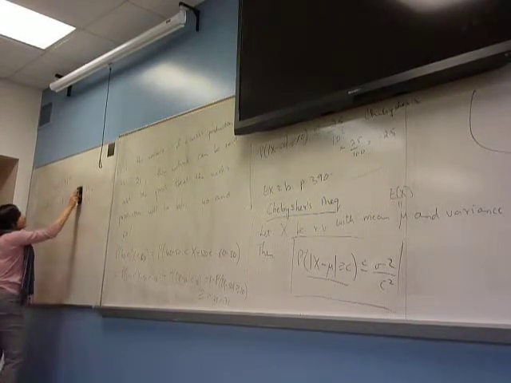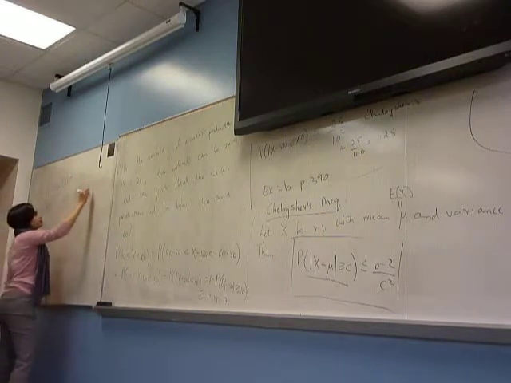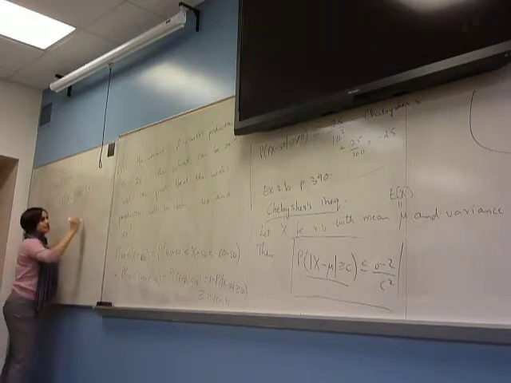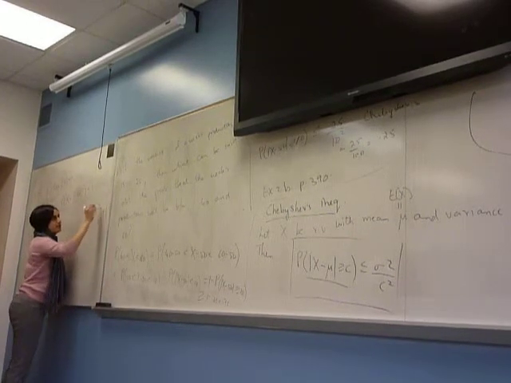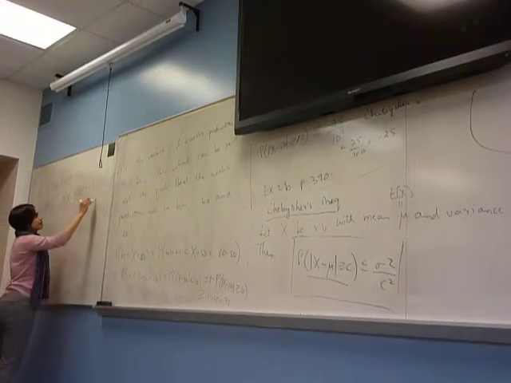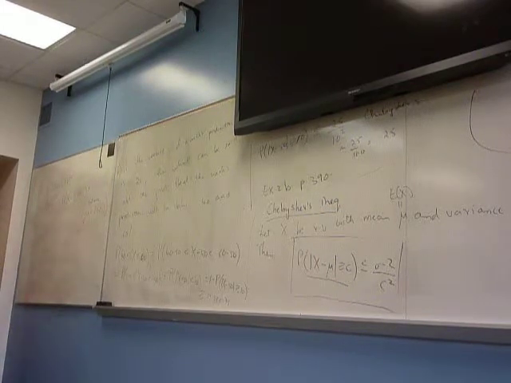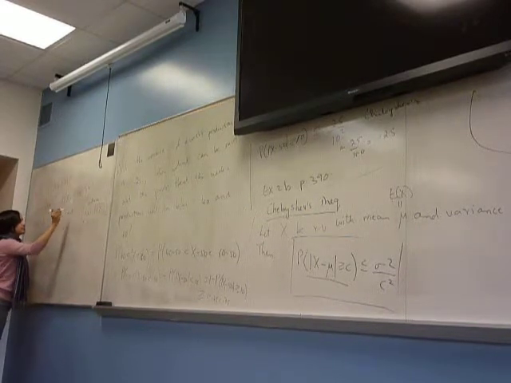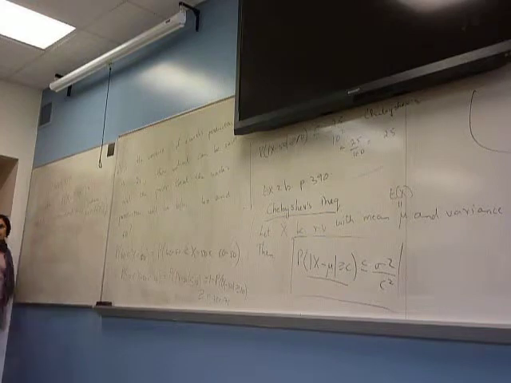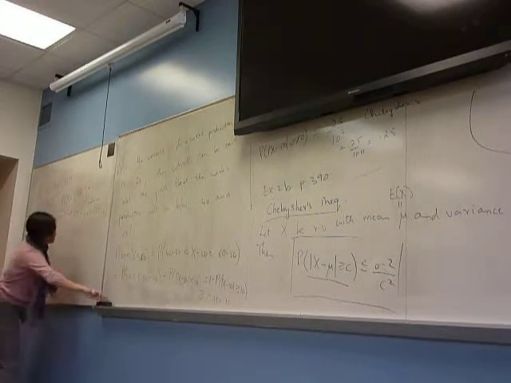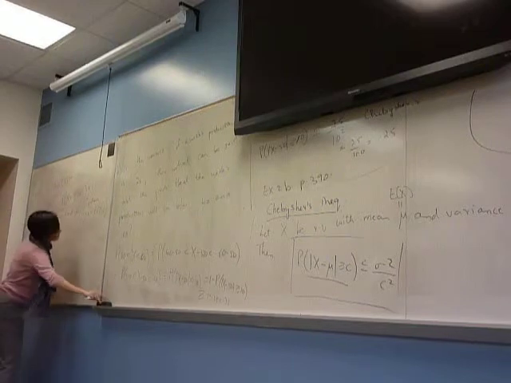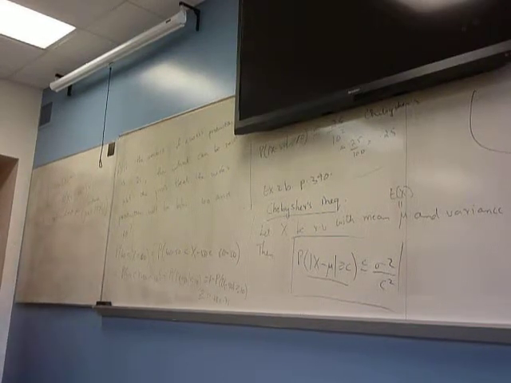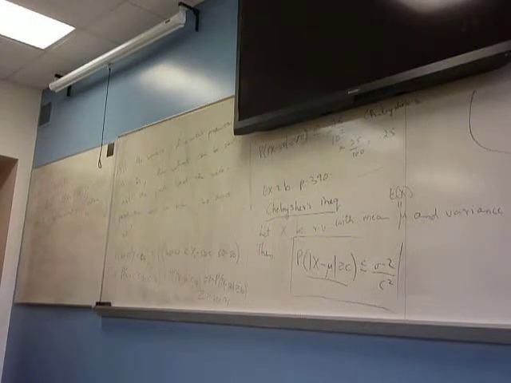Let me say mu is the expected value of x. So that means x takes the value mu with probability 1 and doesn't take any other values. X is just a constant mu, with probability 1 taking just one single value and no other values.